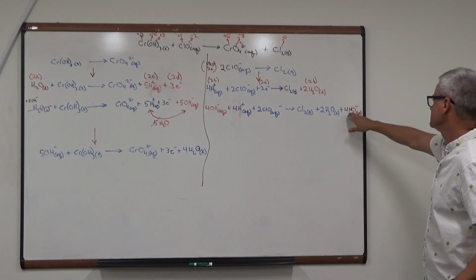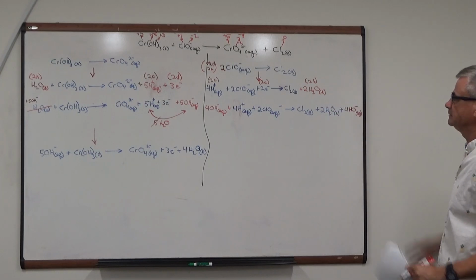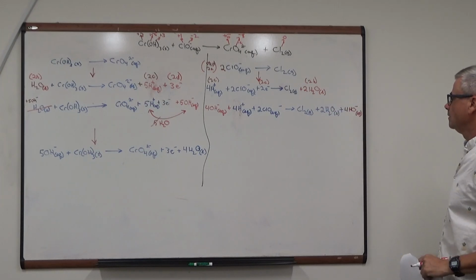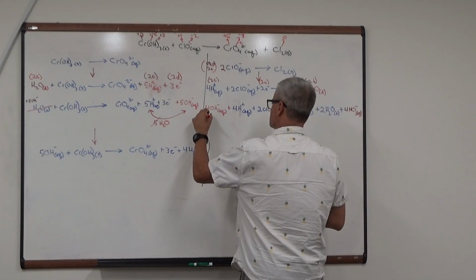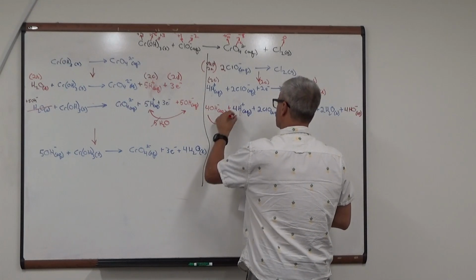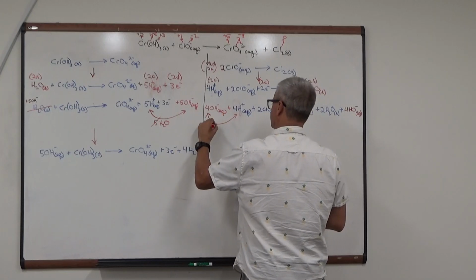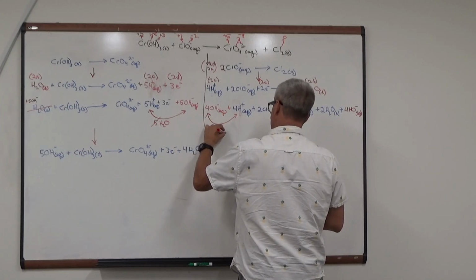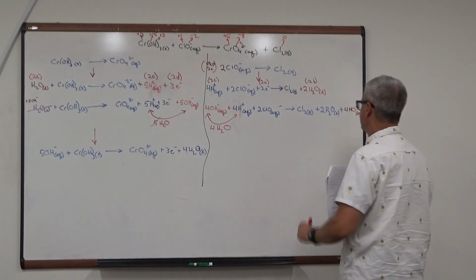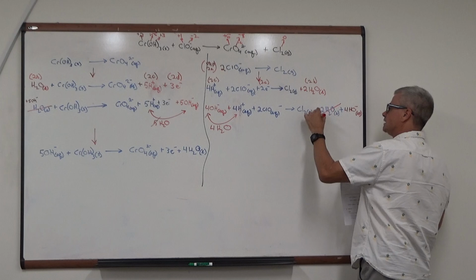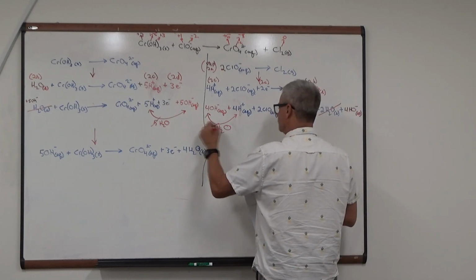Sometimes hydroxide is represented like that, sometimes it's represented like that. Doesn't really matter. Okay, so these guys are going to create 4H2O. Okay, we have 2 H2O here, so those guys are going to cancel out, and this will turn into 2.